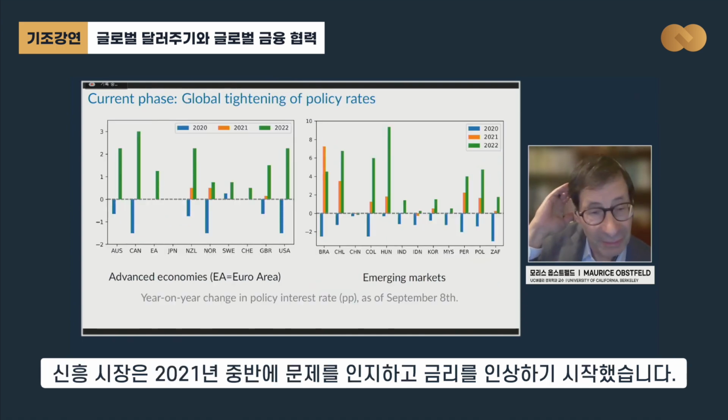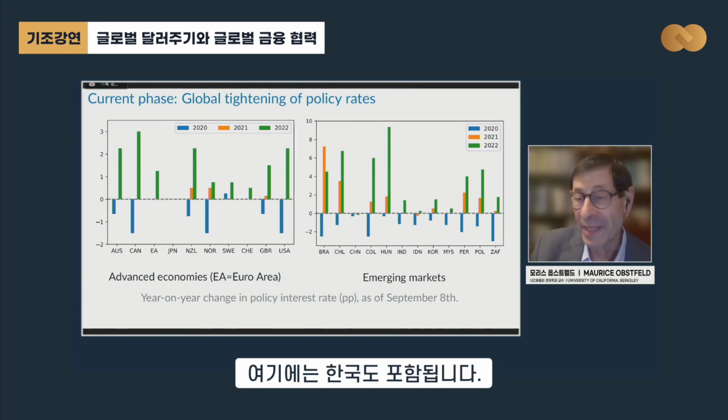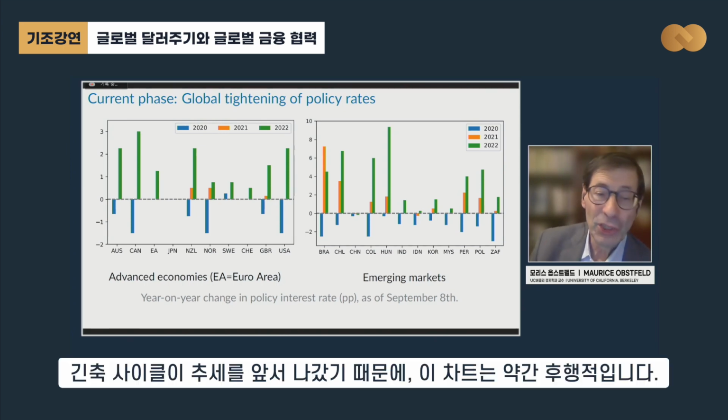Emerging markets, however, saw the problems coming and began hiking already in the middle of 2021, and this includes Korea, of course. This chart is a bit out of date because the tightening cycle has been proceeding apace.